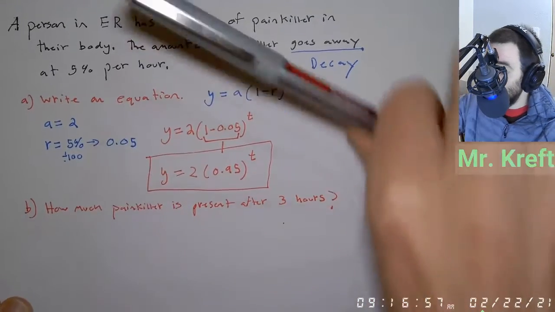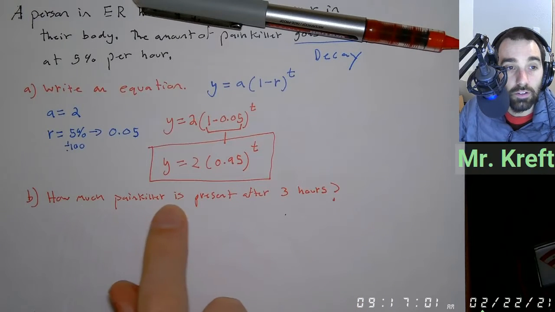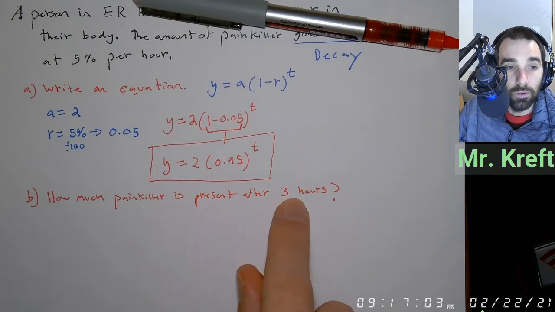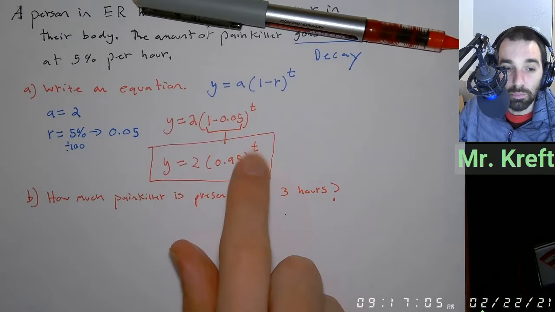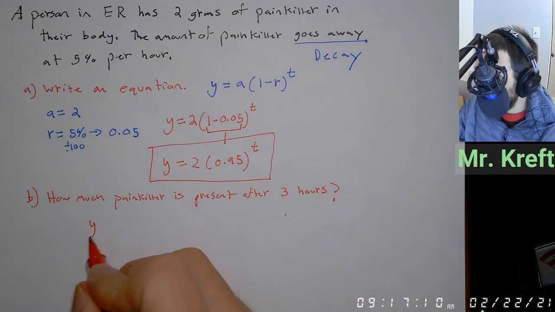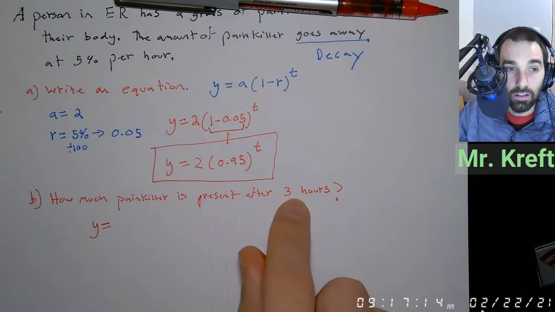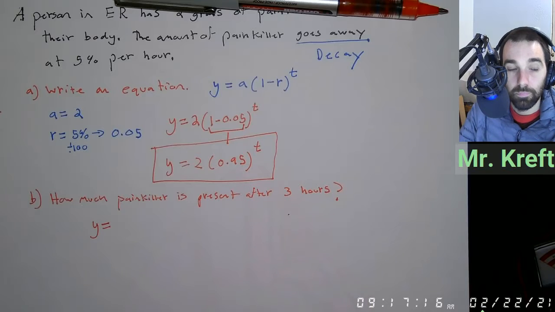I want you to type this into your calculator. We're going to take that t, replace it with a 3, and you tell me what y equals. So take a second, grab a calculator, and plug in 3 for t. You can do that on your own.